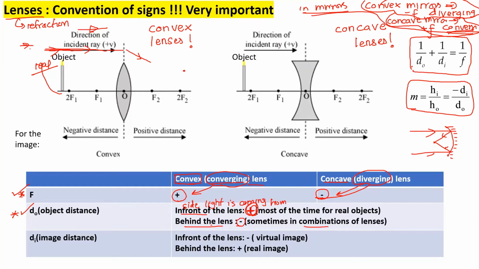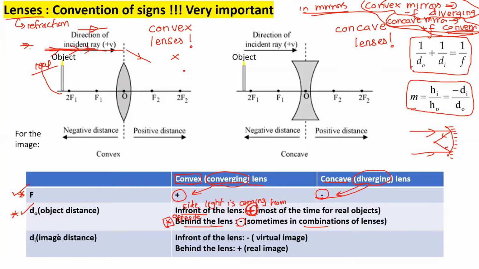D naught will be negative if the object is on the opposite side to the side which the light comes from. So this is the side which light comes from. If your object is on this side, then it will be a negative D naught. In single lens problems, you don't even have to worry about this. This only comes into the picture in combinations.